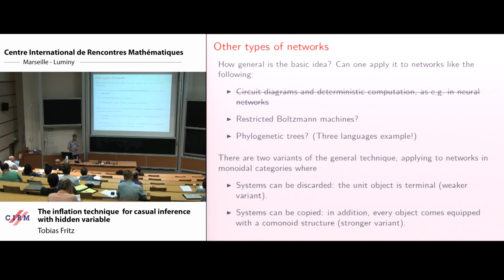Namely, whenever you work with networks in a monoidal category, for those of you who know about monoidal categories, where systems can be discarded, which means that the unit object is terminal. So this gives one variant of a generalization of the inflation technique. And a stronger variant you get when systems can be copied.